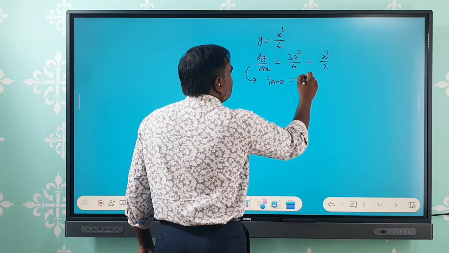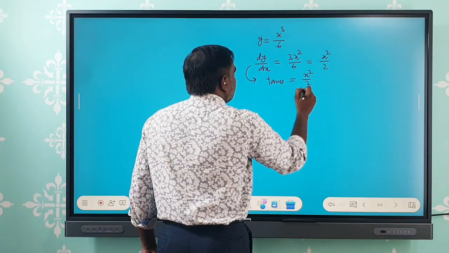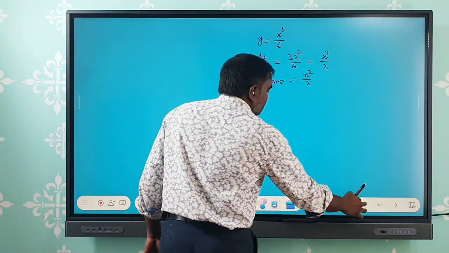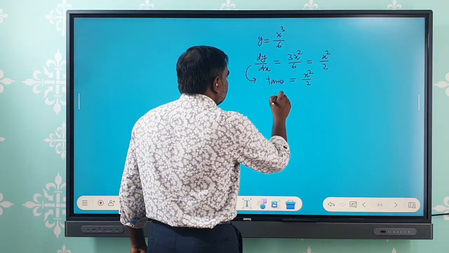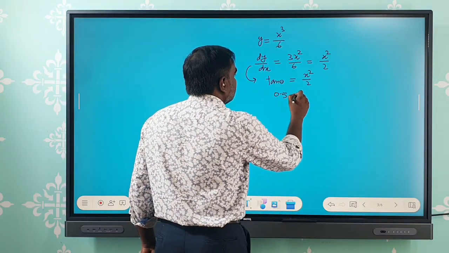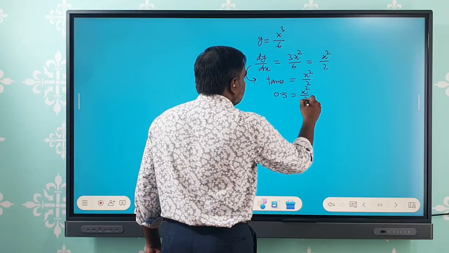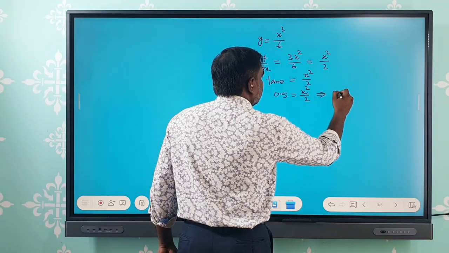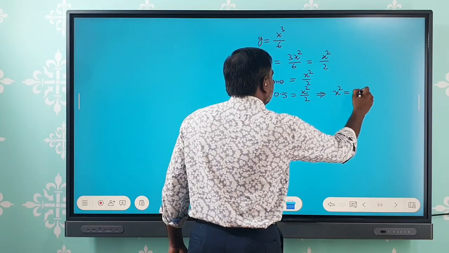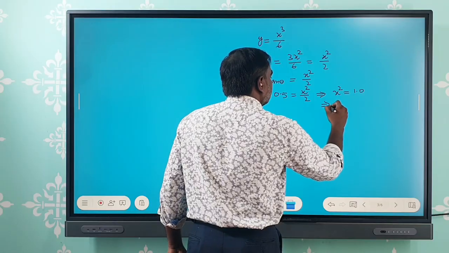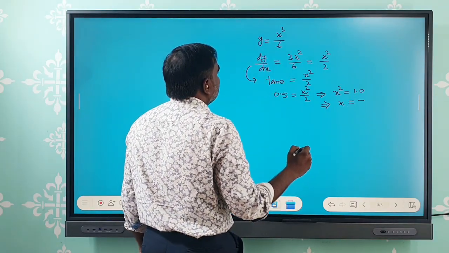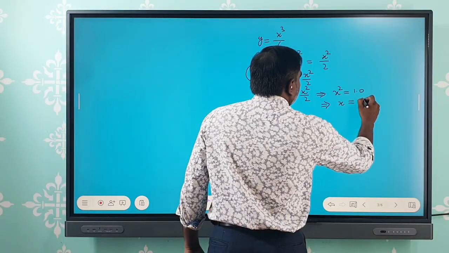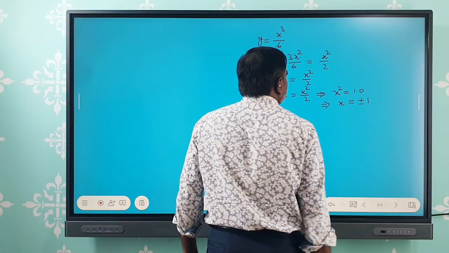Tan theta is equal to x square upon 2, and from before we know that tan theta is equal to 0.5. 0.5 is equal to x square upon 2. This gives x square equal to 1.0. Therefore x has two values, plus minus 1.